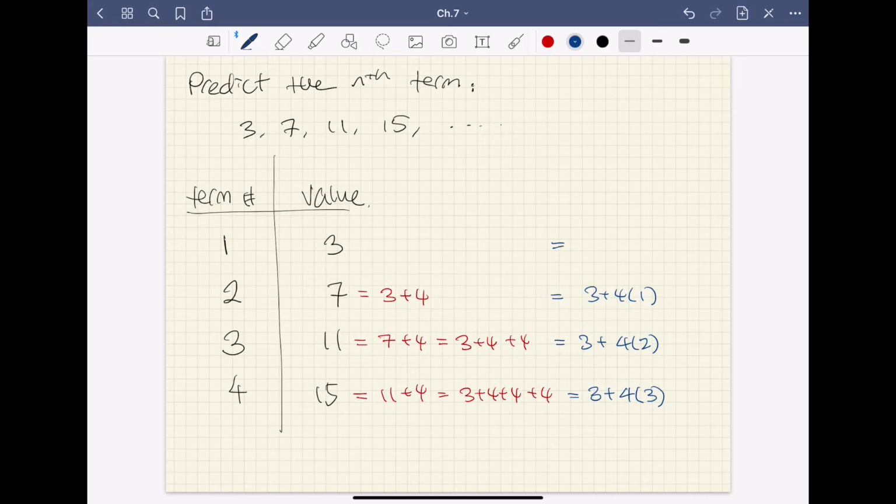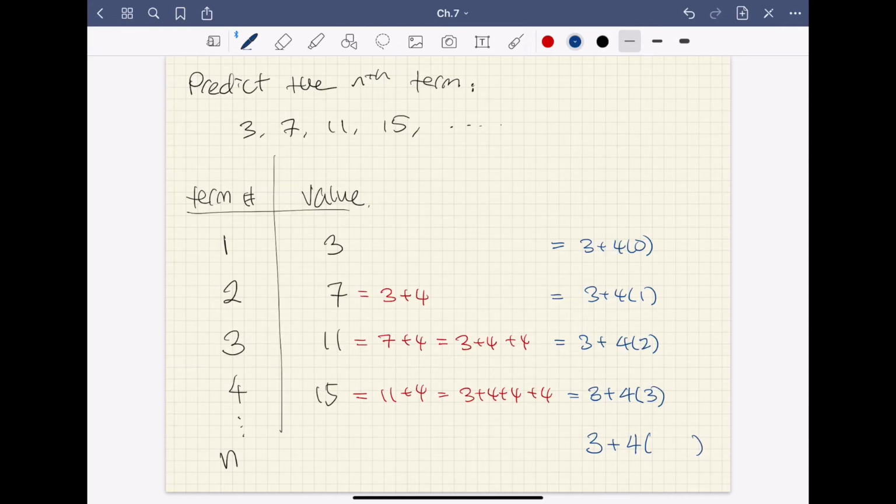And the first term is equal to 3 plus 4 times 0, right? So if we have the nth term, then what is the value of the nth term? We know that it's always 3 in the beginning, and we're always adding 4 times something.